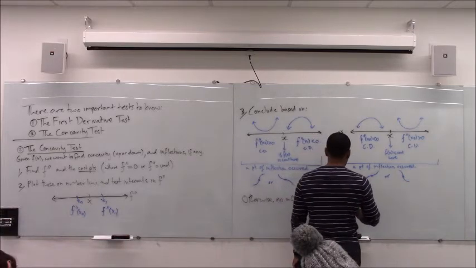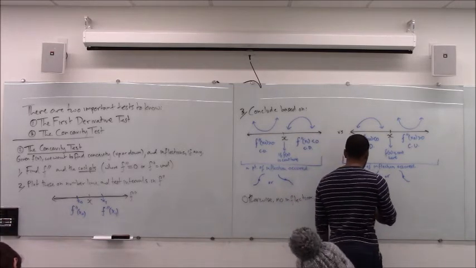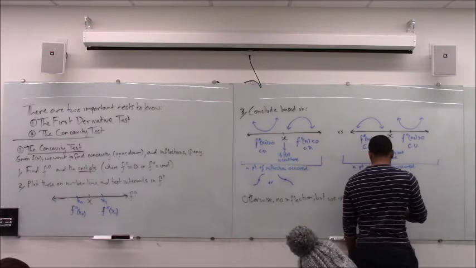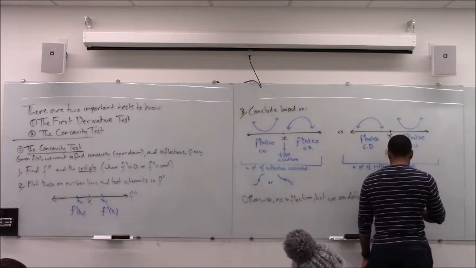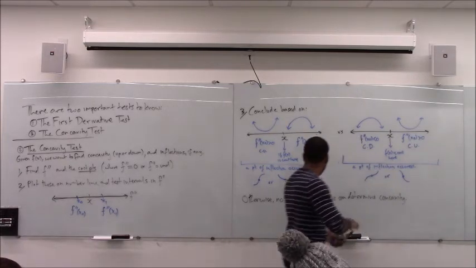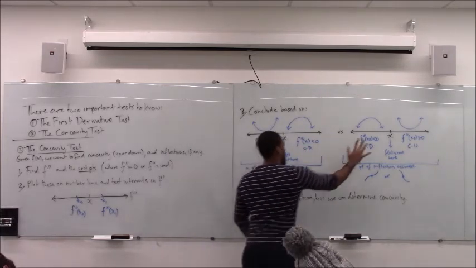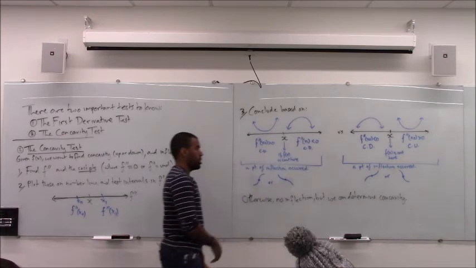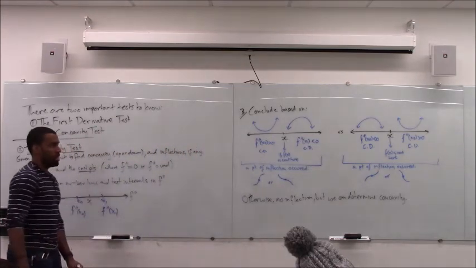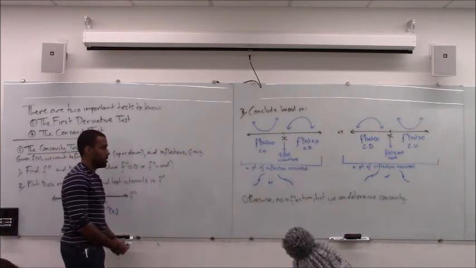But we can determine concavity. So remember, an inflection point is just where you switch concavity. So I was concave up, then I switched to concave down. Or I was concave down, then I switched to concave up. That behavior indicates an inflection occurred.